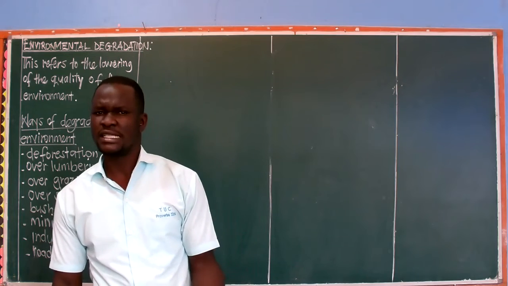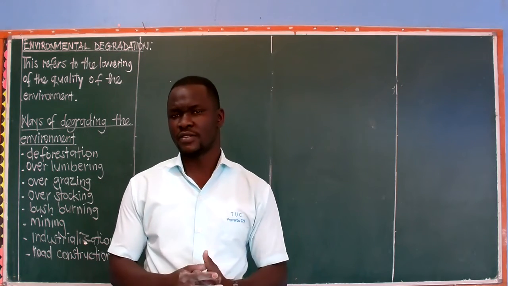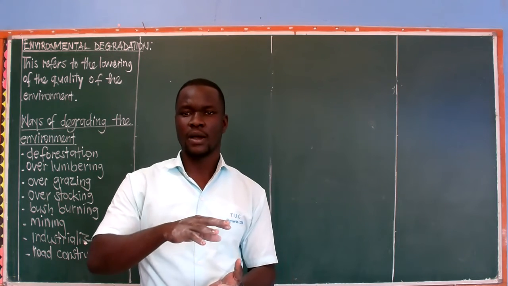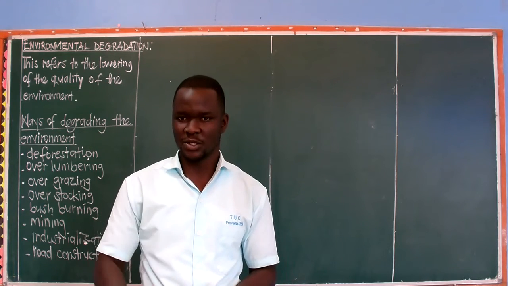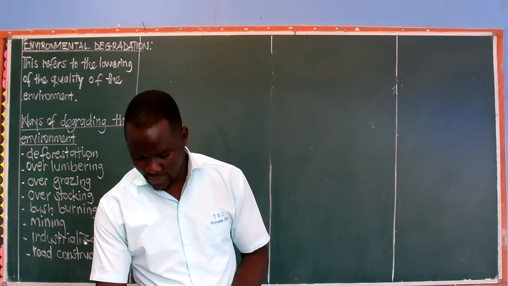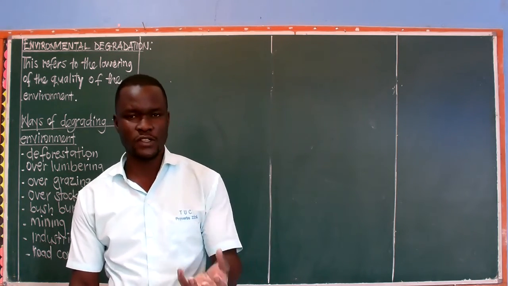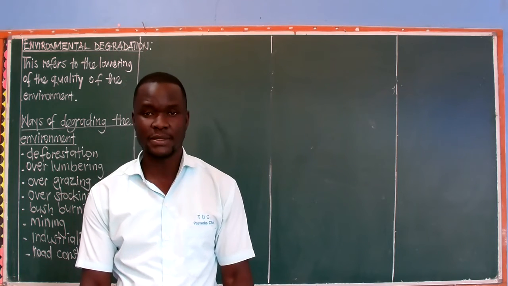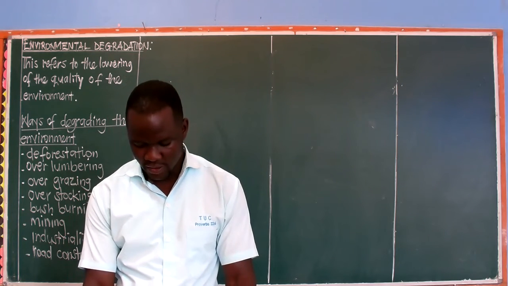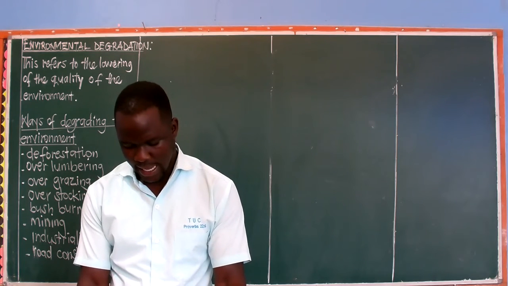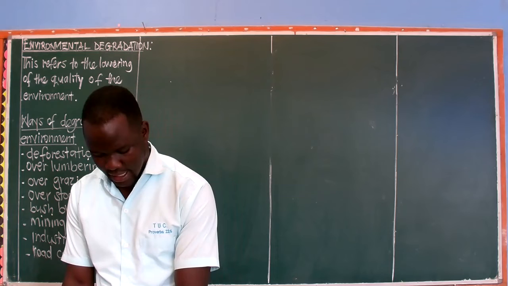And then industrialization, they need to set up many industries in an area. You'll find that these industries will be put in an area which had vegetation. And then finally, not the least, we have corrupt government officials who may not be able to enforce strict laws. You see, they end up taking bribes and so on. And then the widespread of poverty in the country makes people destroy the environment.